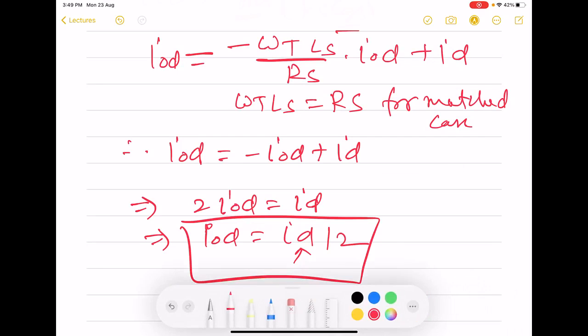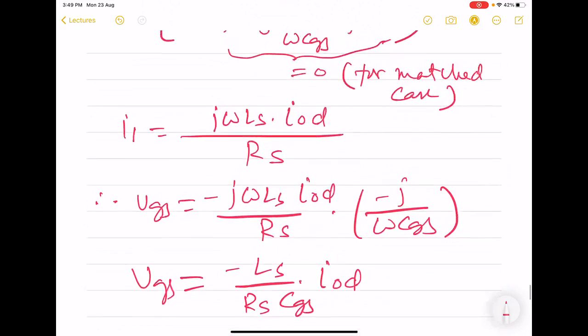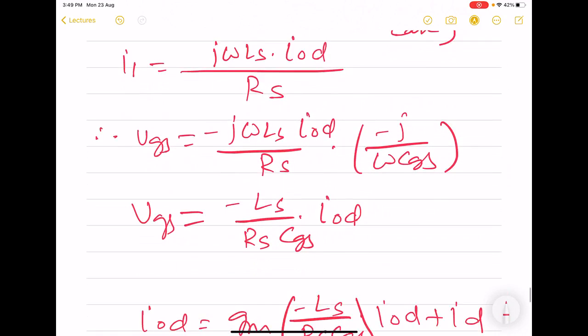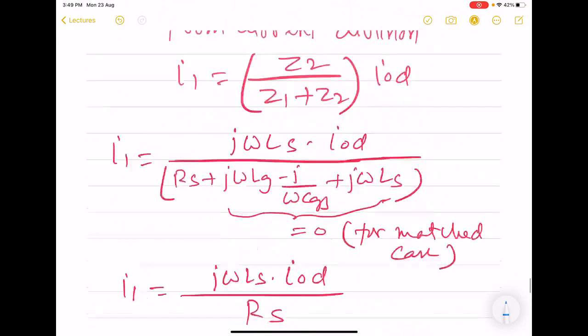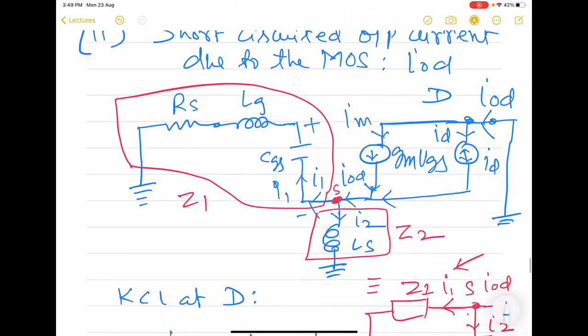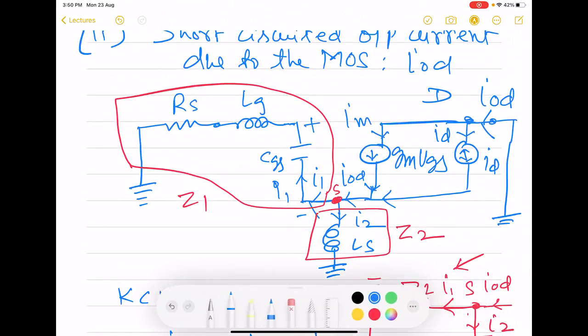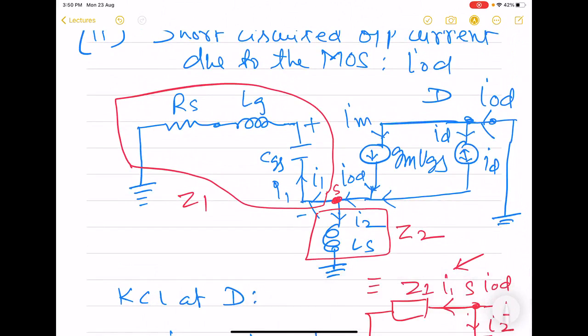The same thing is happening here also, because here we can see that VGS is negative. This negative implies that the current direction is like this.